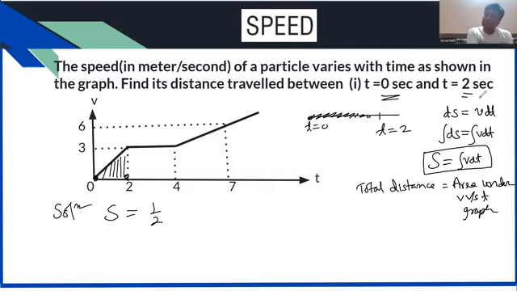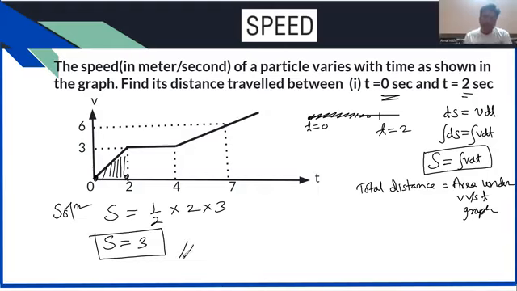If it is a trapezium, you know how to calculate the area of a trapezium, I think: half of the sum of the parallel sides into the distance between them. If it is a circle, then pi r square. So it will be half into base into altitude, so distance equal to 3. Is there any doubt?